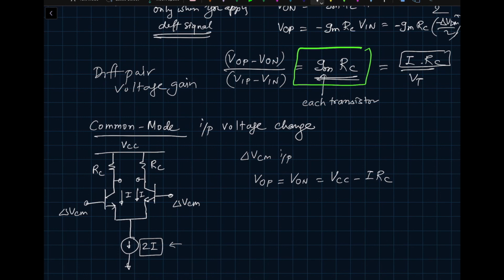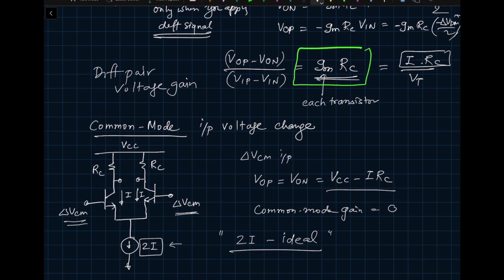It doesn't matter what delta VCM we apply, as long as all the transistors are maintained in the active region, the output doesn't change. The common mode output voltage doesn't change. It is always fixed by this. So definitely we can say that the common mode gain is equal to 0. Now the key part is that you need to realize that we are assuming that the current source 2I is ideal, so it doesn't have any output resistance. Okay, so this is the only time this will look perfect.